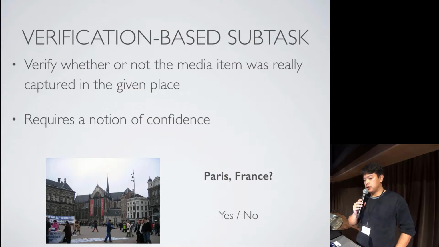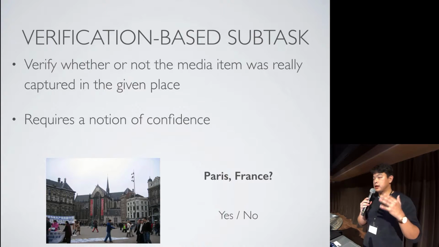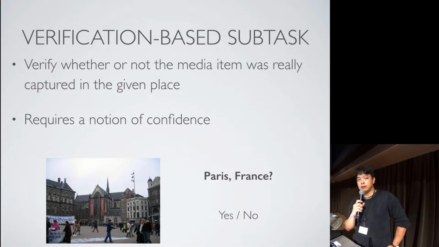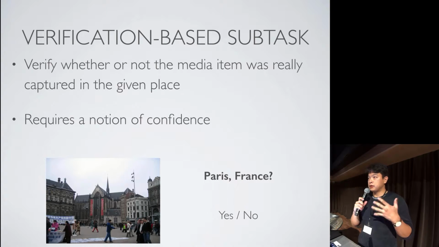In the verification-based subtask, you're given a media item with a place hierarchy label, and you need to figure out whether it's actually placed in that place. We introduced this task this year because, like I said, we've been doing this for seven years, and it's really hard to motivate the participants to come up with something very new instead of incrementally adding some features to their existing system.